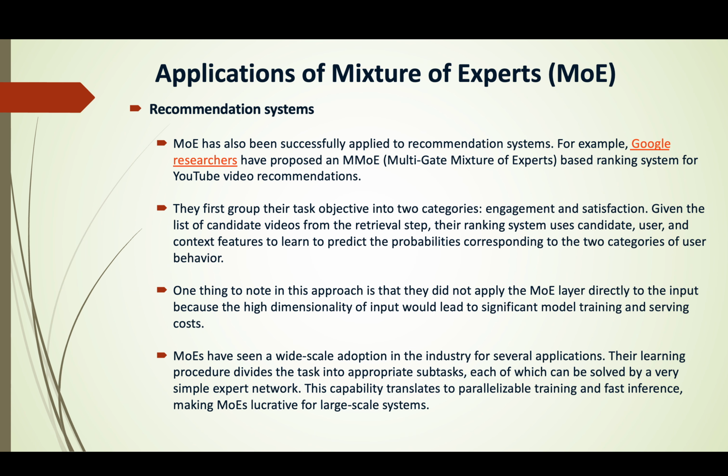One thing to note in this approach is that they did not apply the MoE layer directly to the input, because the high dimensionality of the input would lead to significantly more model training and serving cost.